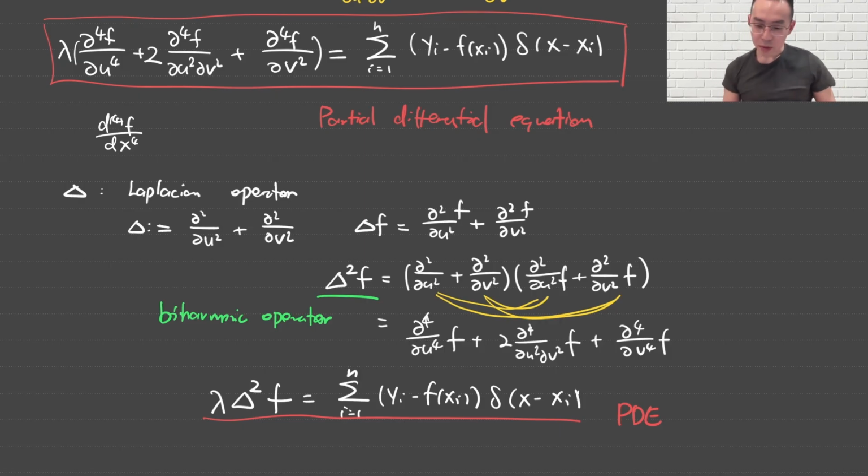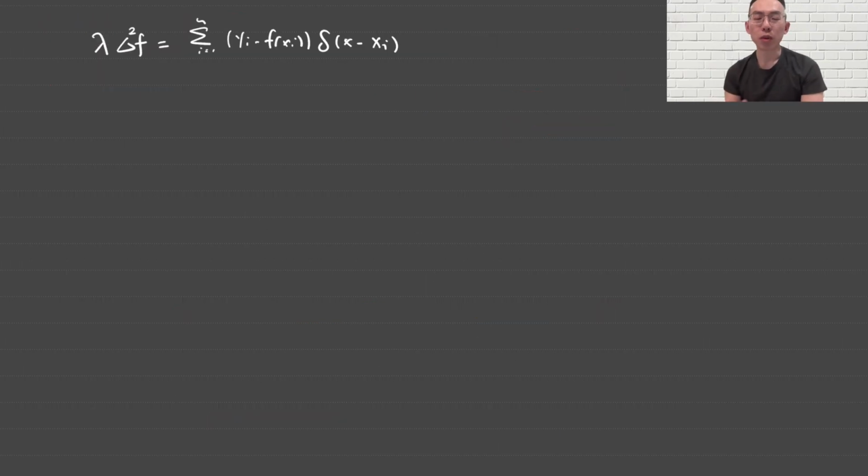So let's just look at the solution first. Okay, just recall what we did. We want to minimize the functional for this multidimensional spline function, the simplet spline function, and then we applied the Lagrange equation, and at the end of the day, it gave us a PDE.